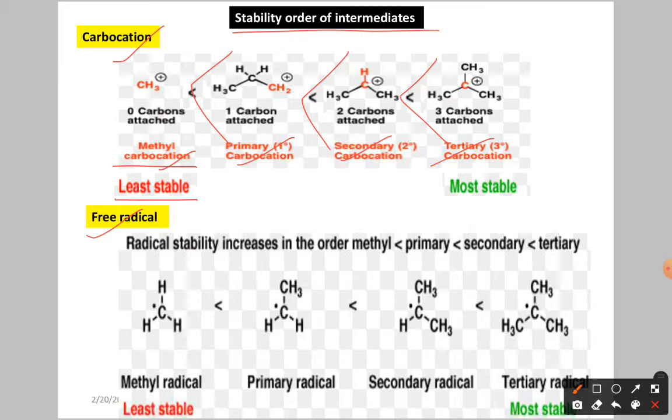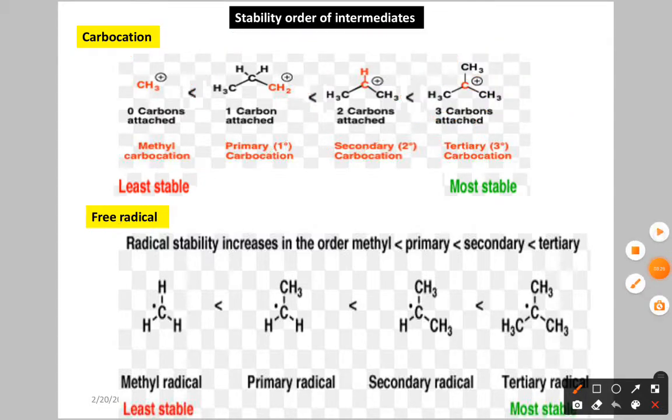Why? As you know very well, a carbocation is electron deficient. The alkyl groups have a tendency to donate electrons. So the carbocation needs electrons, and the surrounding groups are giving electrons.